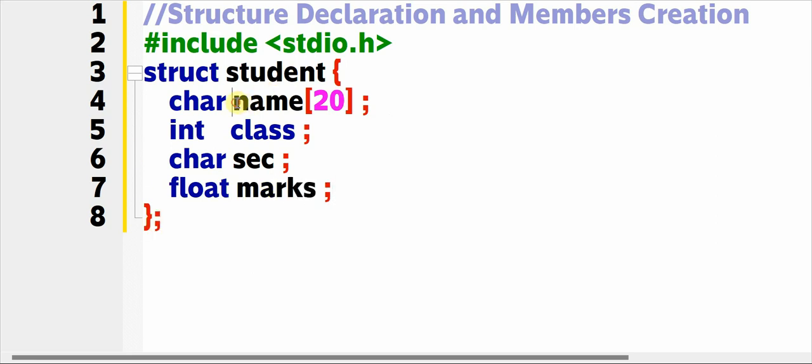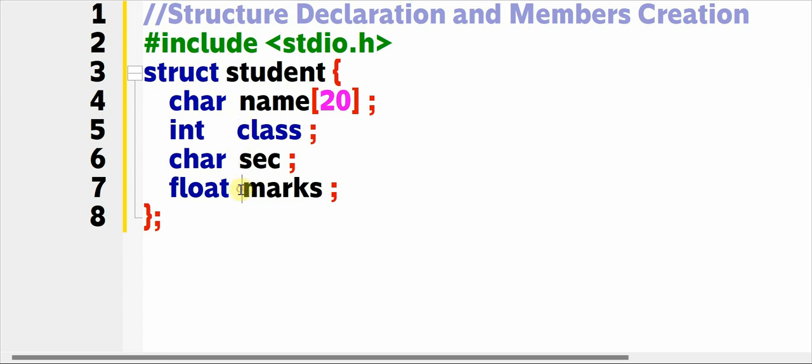If you observe here, I have combined all the basic data types: this is a string, this is an integer, character and float. All of them have been combined under this structure with the name student. This is known as the structure name, or also the structure tag.